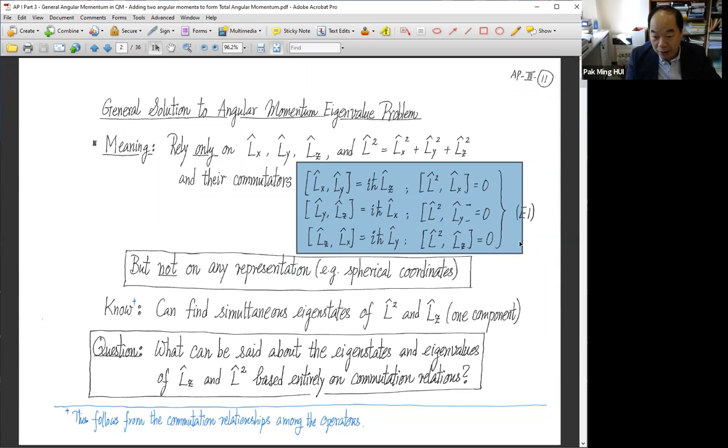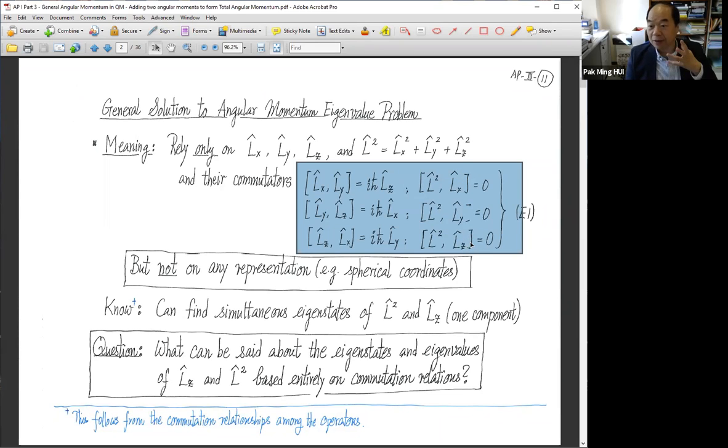We have seen, I think you did last term, that the commutation relations of the x, y, z components are cyclic, meaning Lx, Ly goes like Lz with an i h bar, and so on with a cyclic relationship. And then the magnitude square is commuting with any component.